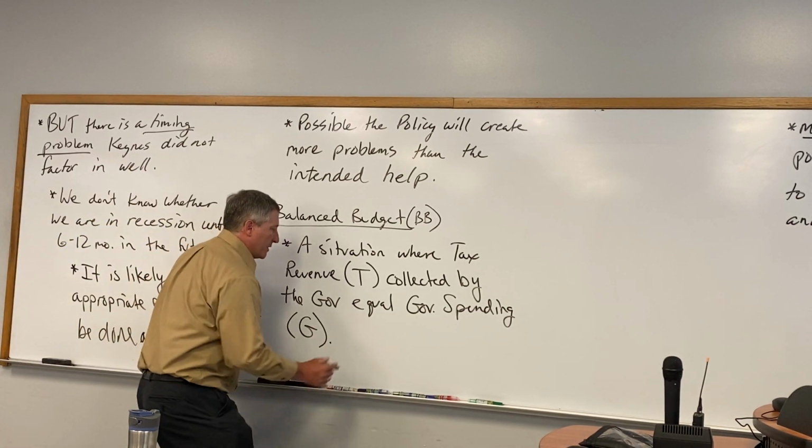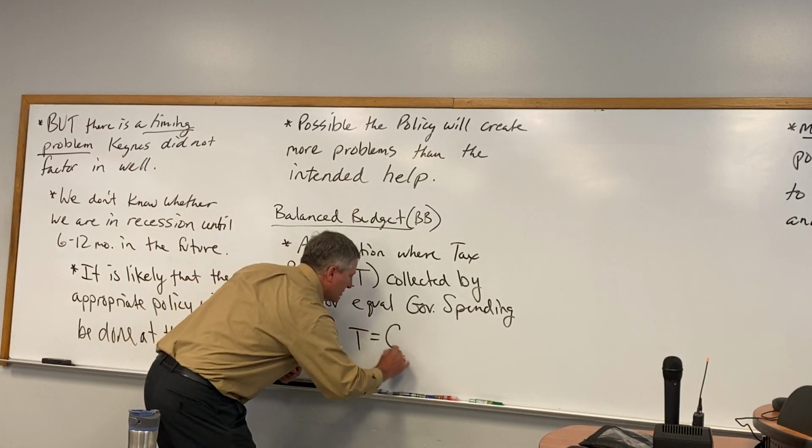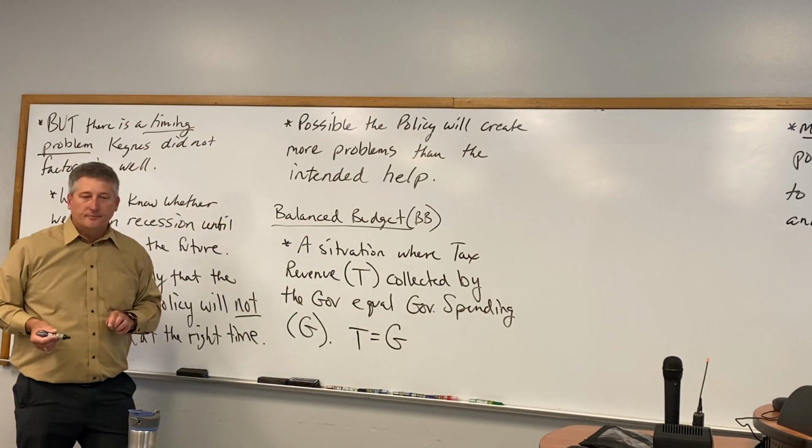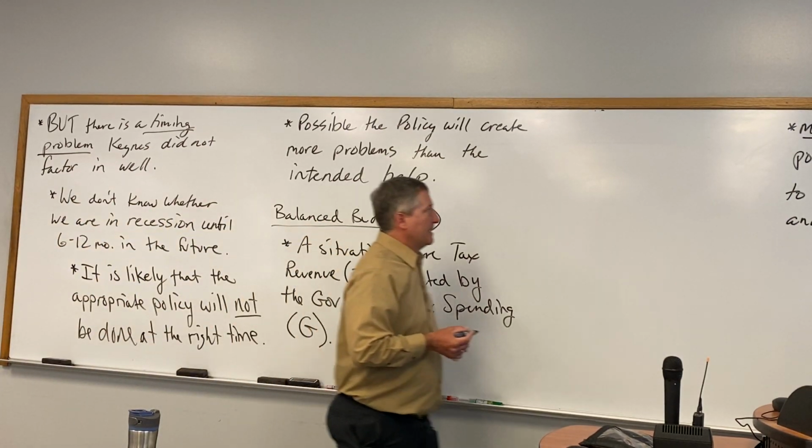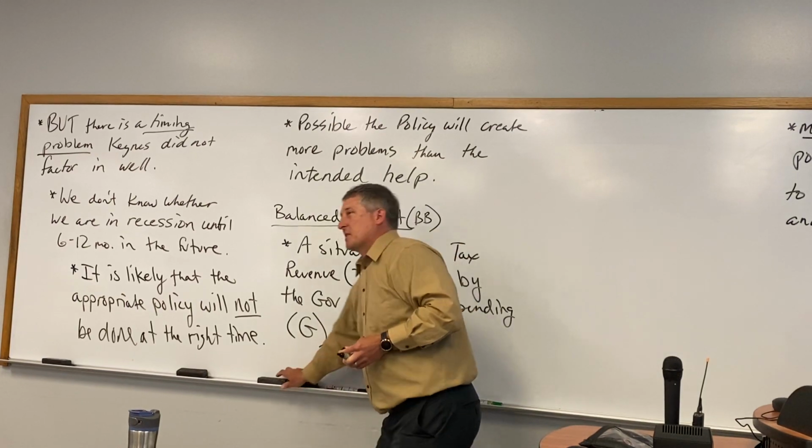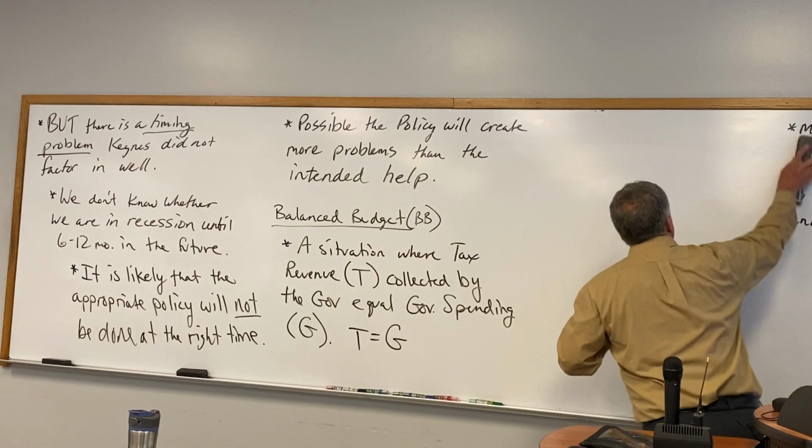So kind of a short and sweet way to put it is big T equals G. The government collected taxes that were sufficient to pay for its spending.